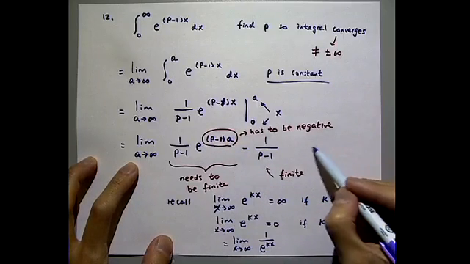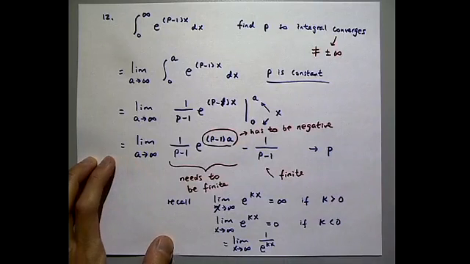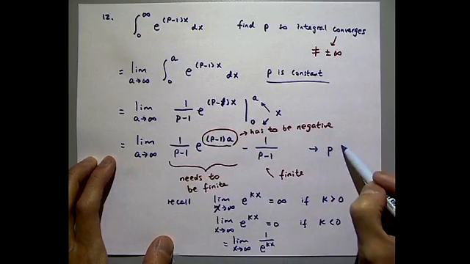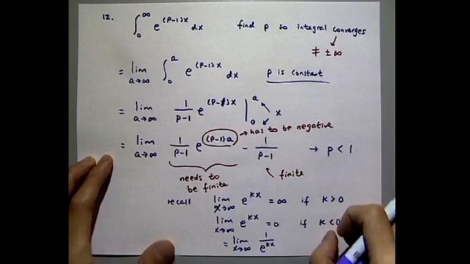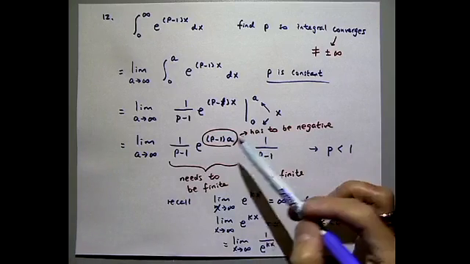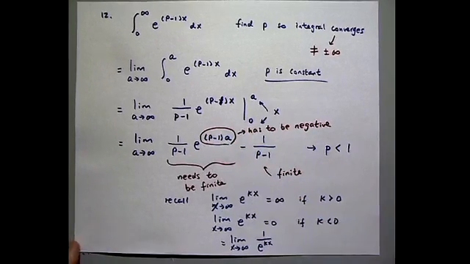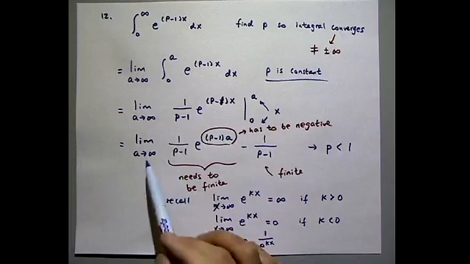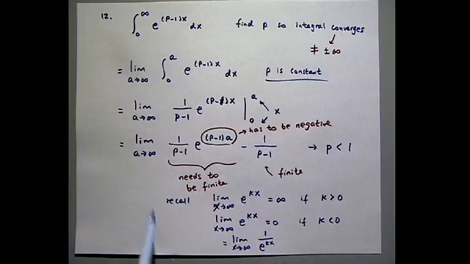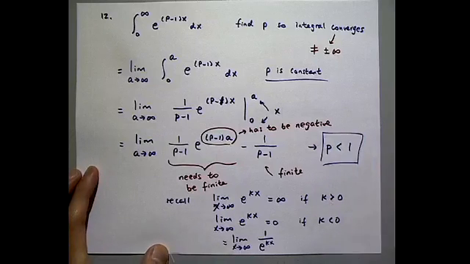Therefore, what does p have to be? Less than 1. Anything less than 1 will make sure this coefficient of a is negative. And e to a negative exponent goes to 0 when the exponent gets big. So that's what we need to have happening.